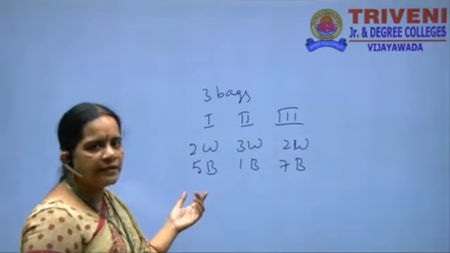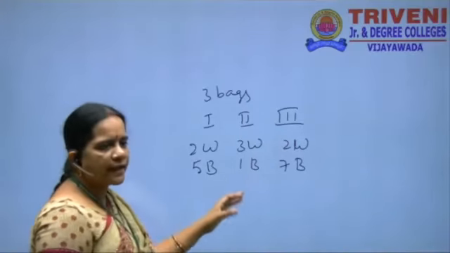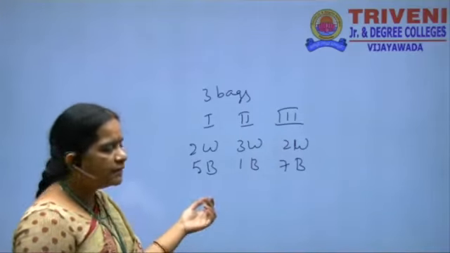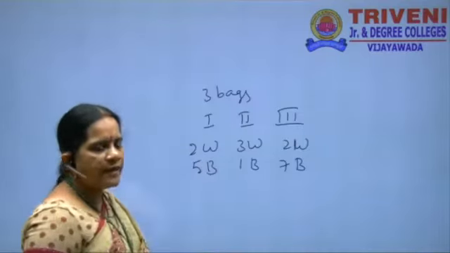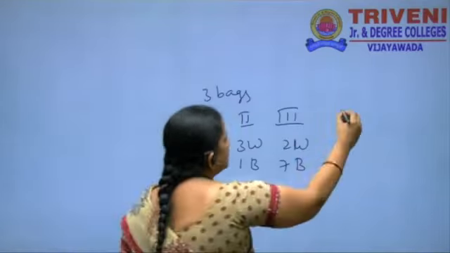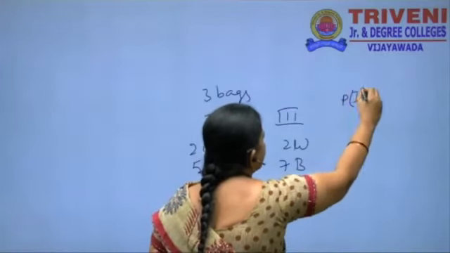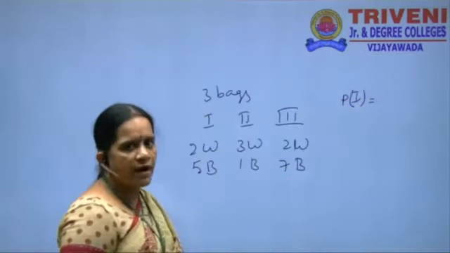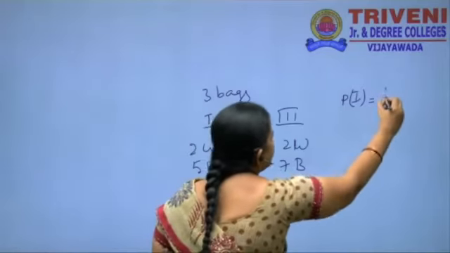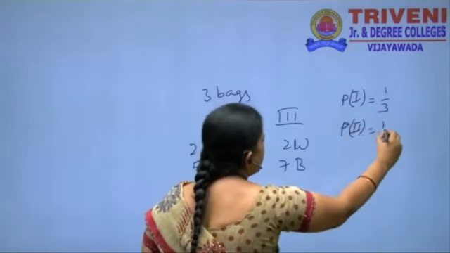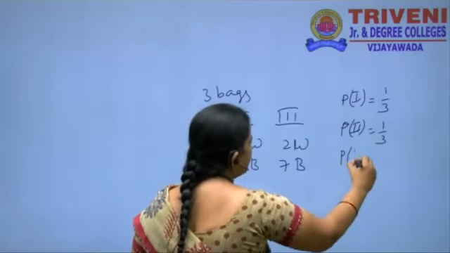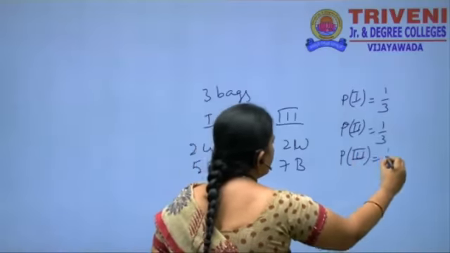We have to find the probability of the second one. First we have to select a bag. The probability of selecting the first bag is 1 by 3, and similarly the probability of the second bag is also 1 by 3, and the third bag also 1 by 3.